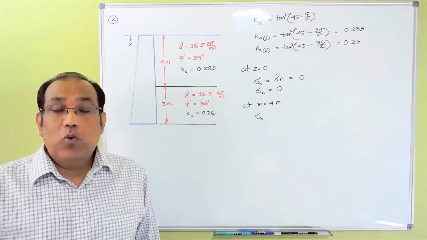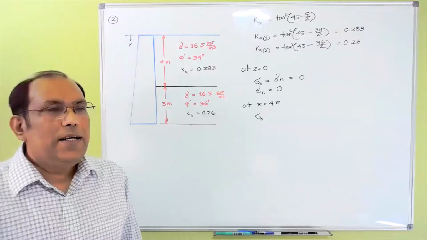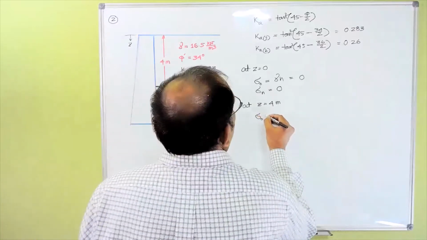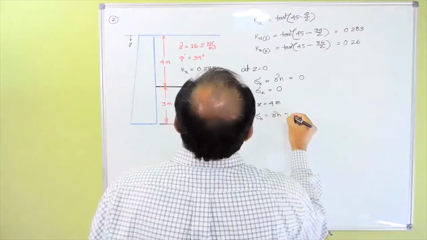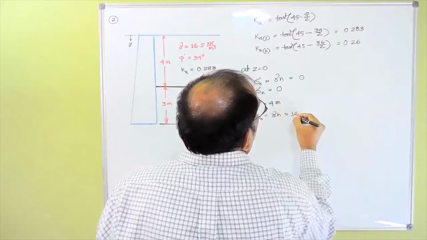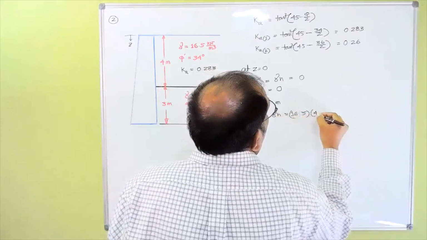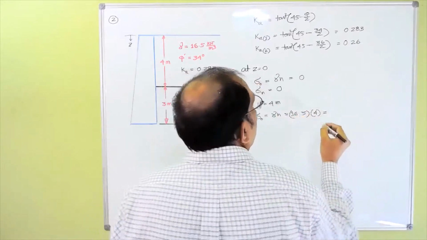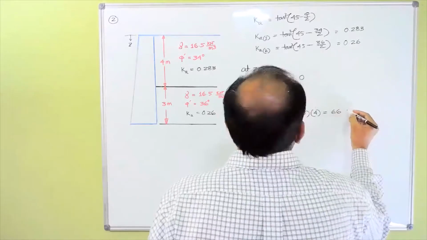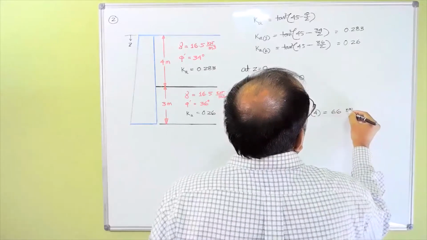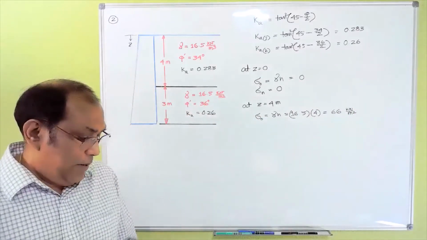This means your pore water pressure is 0, so your effective stress is equal to your total stress, right? So here, this one is gamma H, which is 16.5 multiplied by 4. So that's 66 kilonewton per meter square.